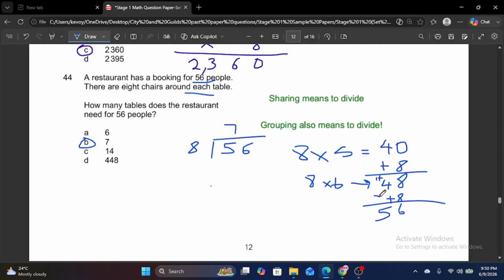And if you added another 8, that would have been your 7 times 8. So just remember that multiplication is repeated addition. You can look at it two different ways. If you don't know your 8 times table, if somehow you're nervous and you just forgot, things happen. So just remember that multiplication is repeated addition.